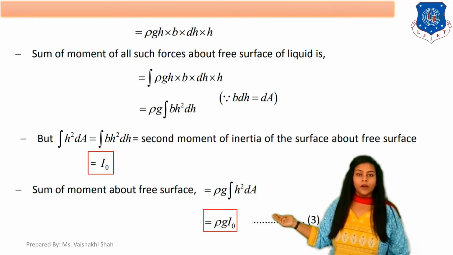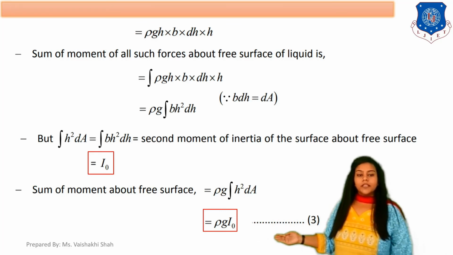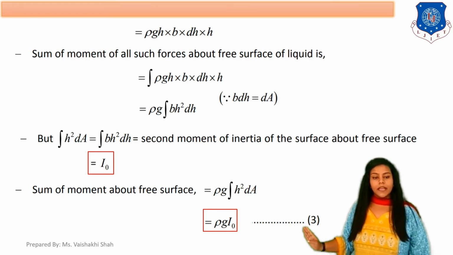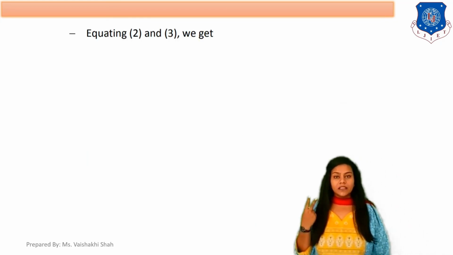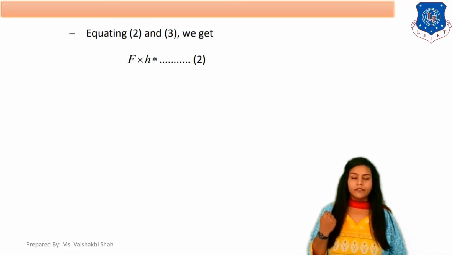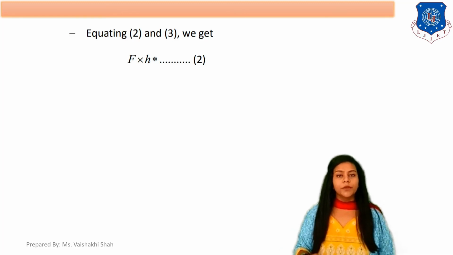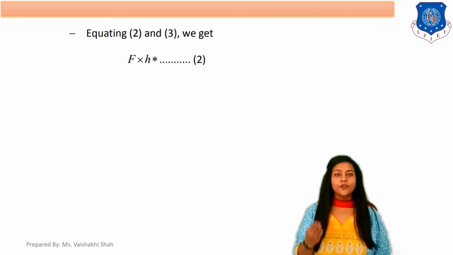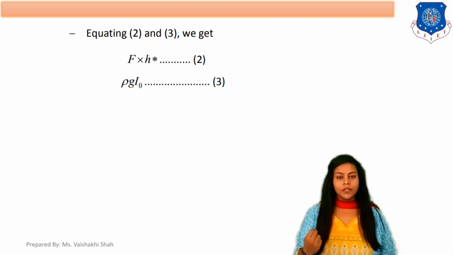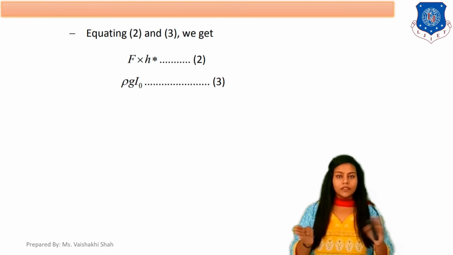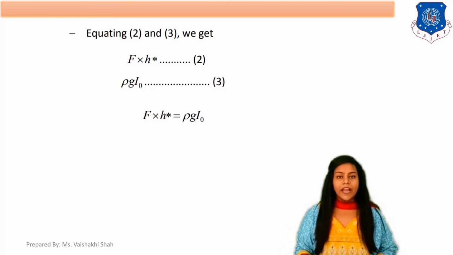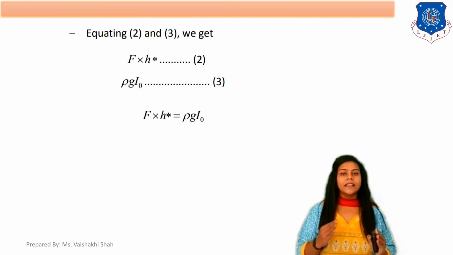Clear? Now this is your equation number 3. Now, equating equations 2 and 3: equation number 2 is F into H star, and equation number 3 is rho g I0. Equating both, F into H star equals rho g I0.